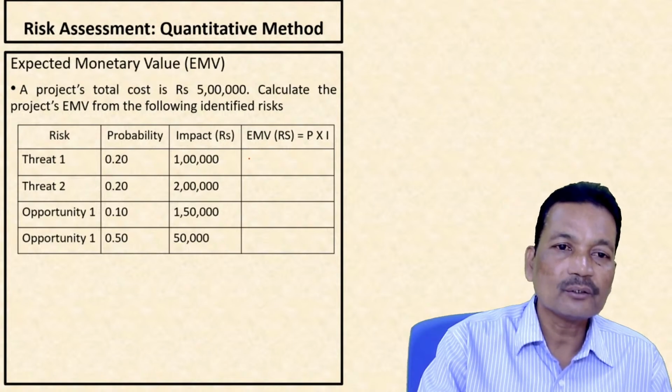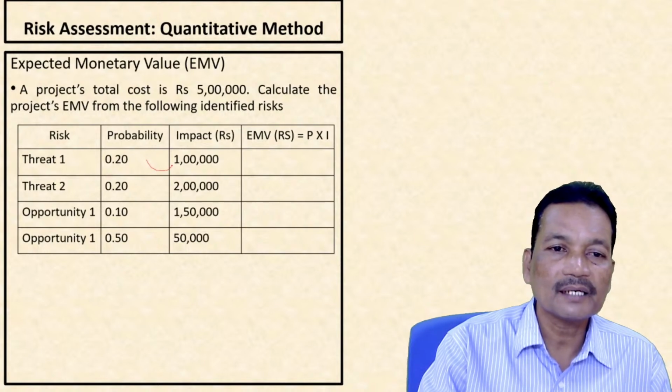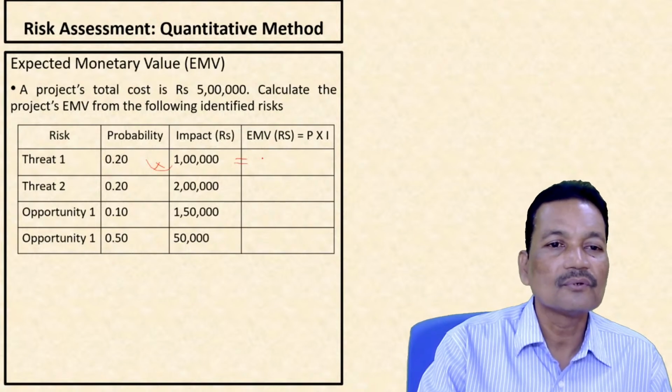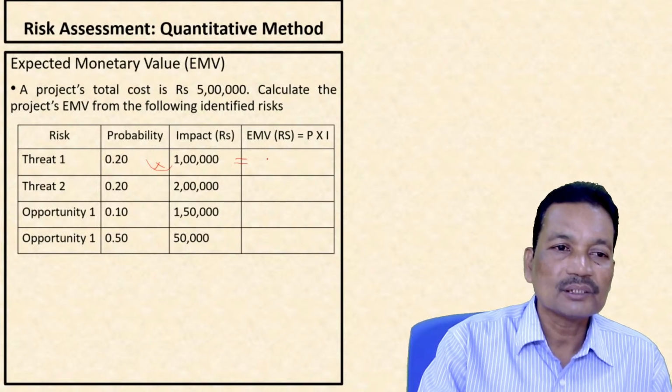Okay. So what is the impact? First one is 0.2 into 1 lakh. You can multiply these two. That gives us a figure of 20,000.